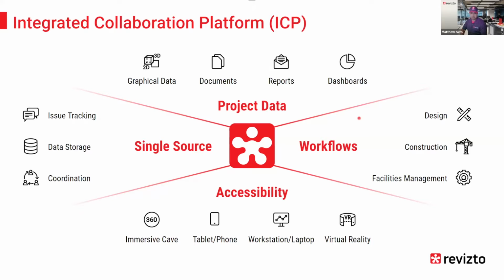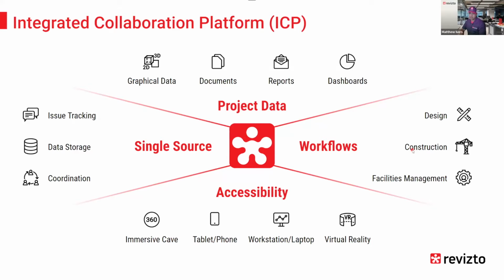Being able to communicate issues is what we're really good at, and to provide access to the data that you need to address the issues as they come up during design. That could be at the very beginning of design for design reviews and coordination, but we're also heavily used in construction, primarily in coordination.